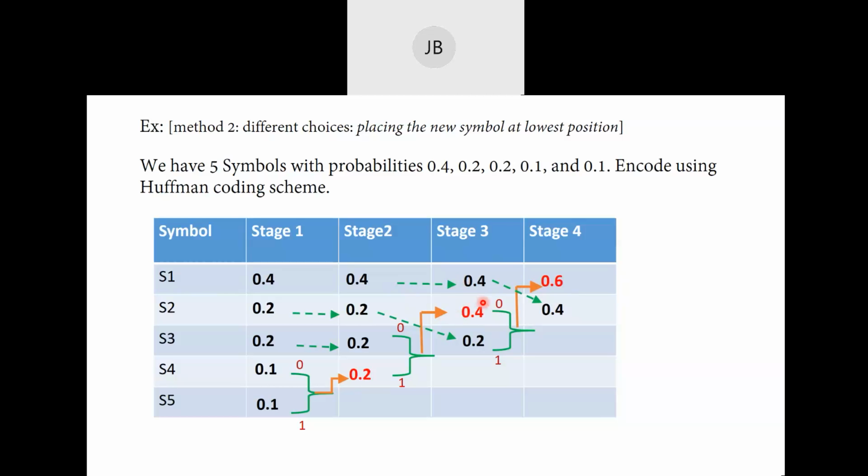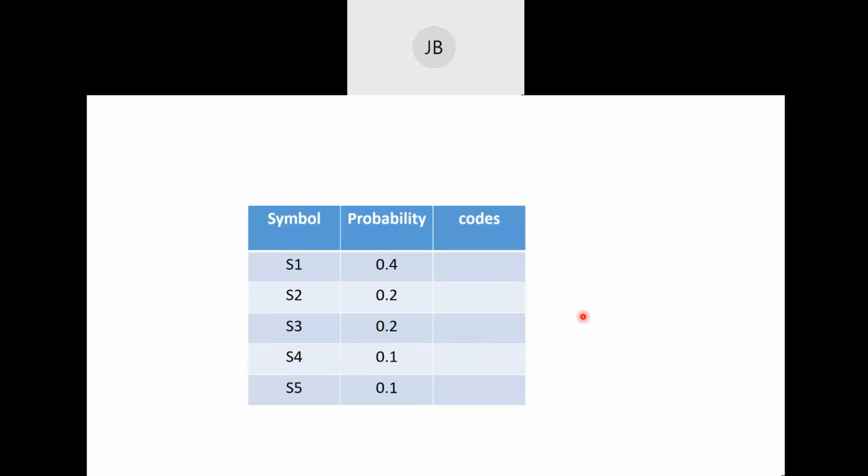What happens if we place it at the bottom of the list here or the bottom of the list here? Okay, then continue the same process and we get the symbol here. Again, to know the code words, we need to do the backtracking as done earlier. If you do the backtracking, you will come to know what the code words would be.